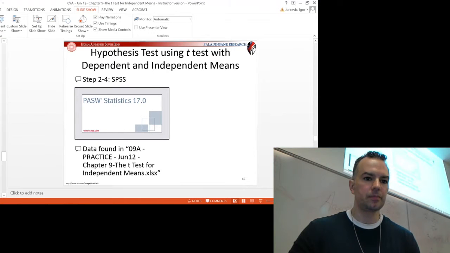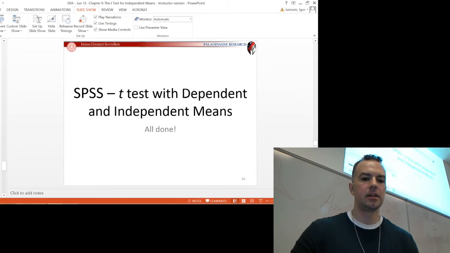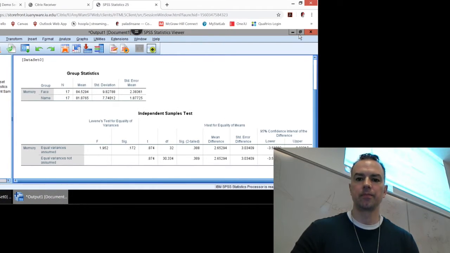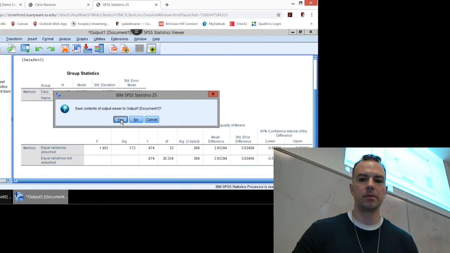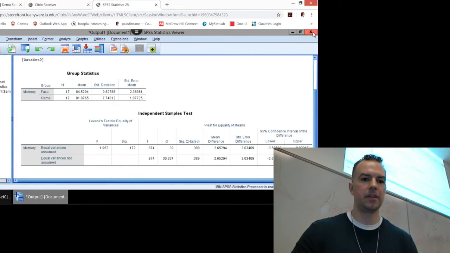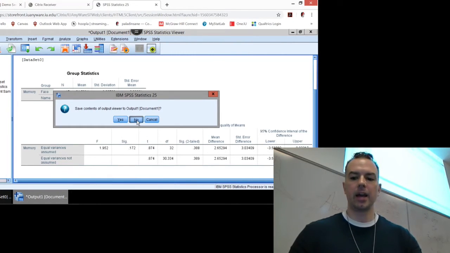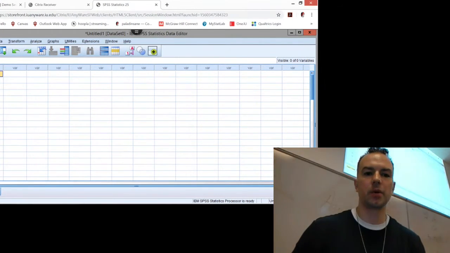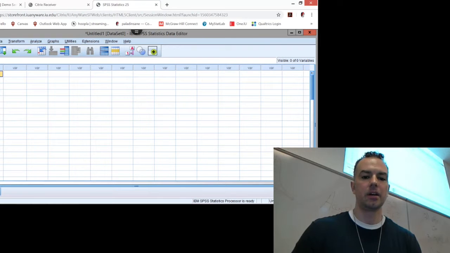So for our dependent means t-test, let's go back to SPSS. Let's close out this previous output. And whenever I'm done with the hypothesis test, I just like to clear the columns as well so that I don't get confused.